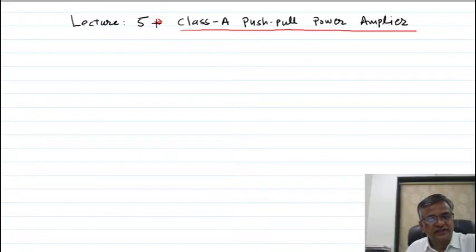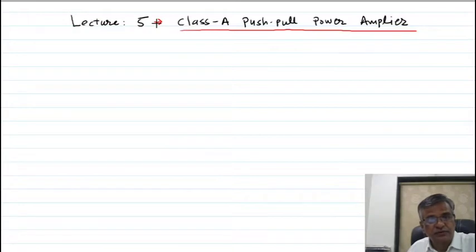In the last lecture, we have seen the drawbacks, or disadvantages, of the single-ended transformer coupled amplifier. In lecture number 3, we derived the efficiency of a transformer coupled amplifier, and it is 50%.